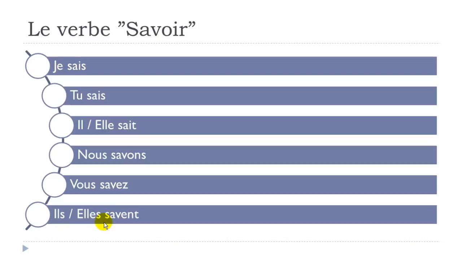Okay? Ils savent, elles savent. So let's see that one more time. Je sais, tu sais, il sait, elle sait, nous savons, vous savez, ils savent, elles savent.